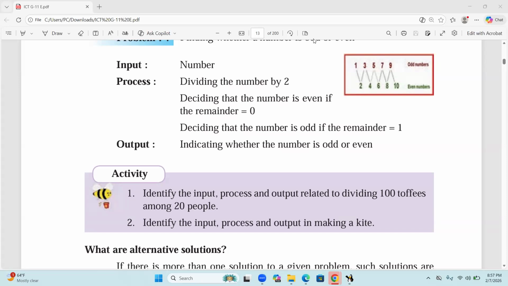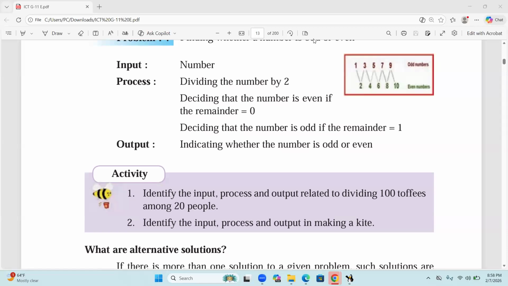Process: dividing the 100 toffees into 20 people. Output: 5 toffees for each person. Okay, very good.